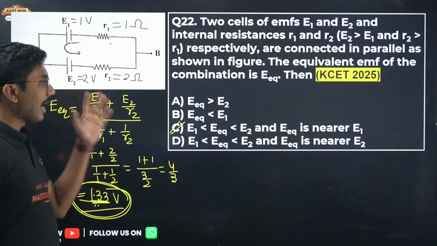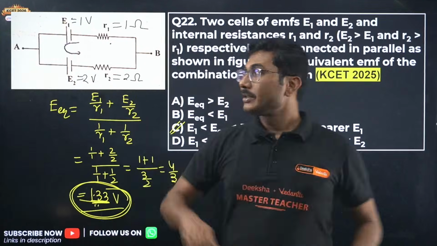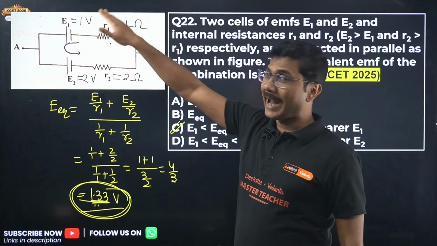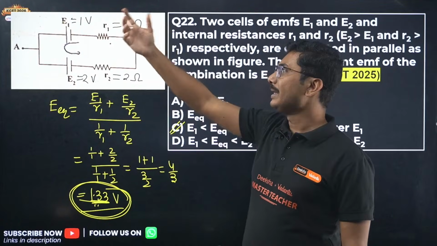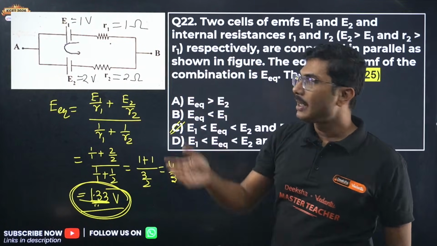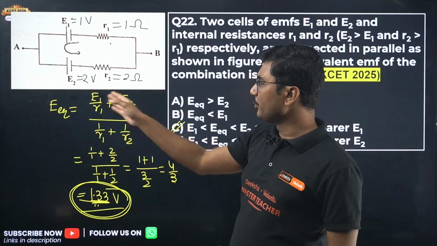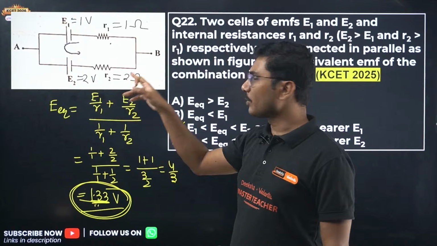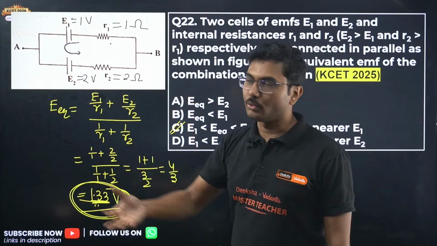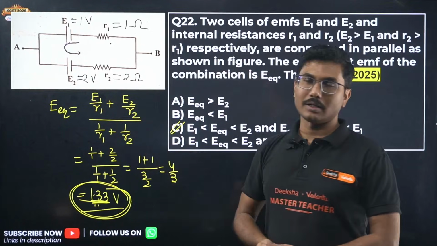So you have to take not random values, but values like 1, 2, 1, 1, such that the numbers are not too big. When you recall this formula, if I take E1 and R1 both 1, and E2 and R2 both 2, then the top part is sorted.